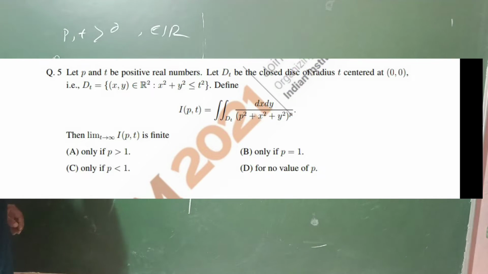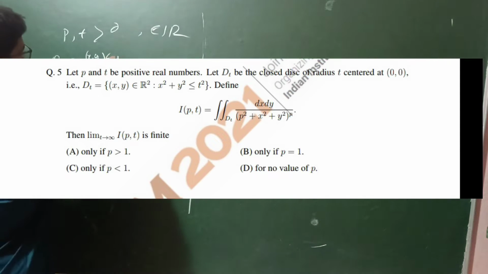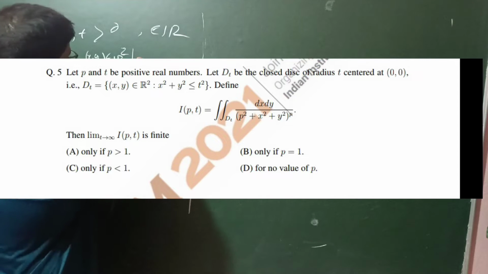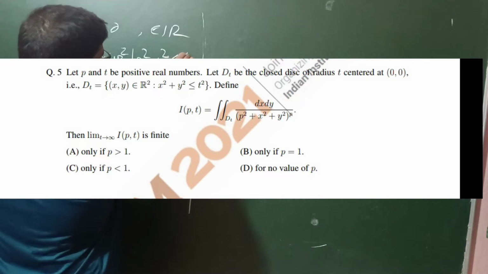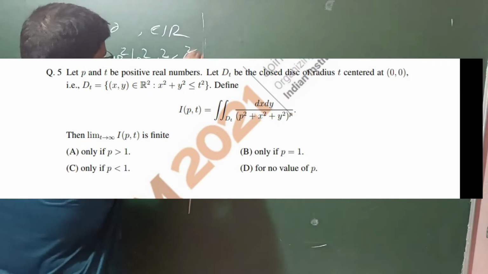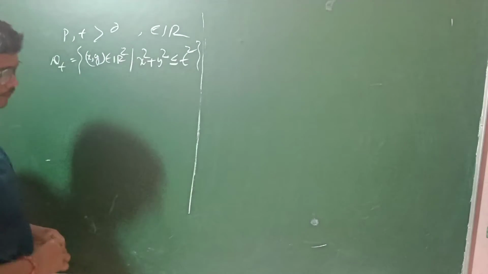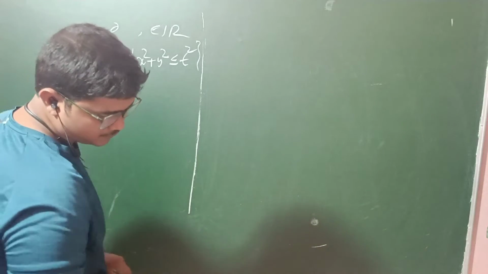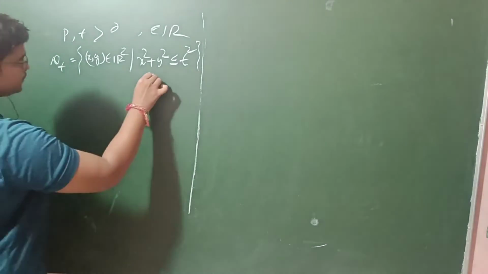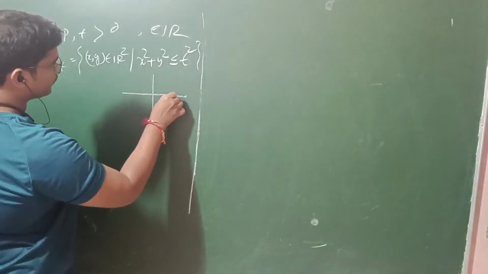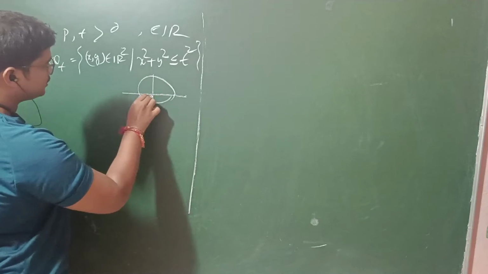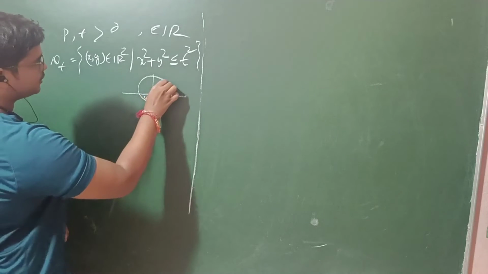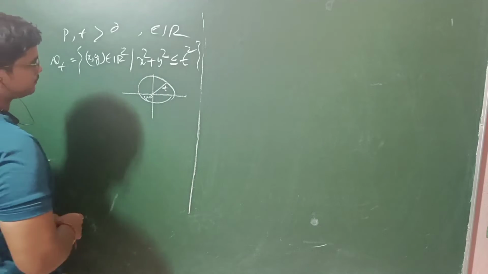Given that Dt equal to the set of x, y belongs to R square such that x square plus y square less than or equal to t square. Centered at origin means the center is origin, radius is t.